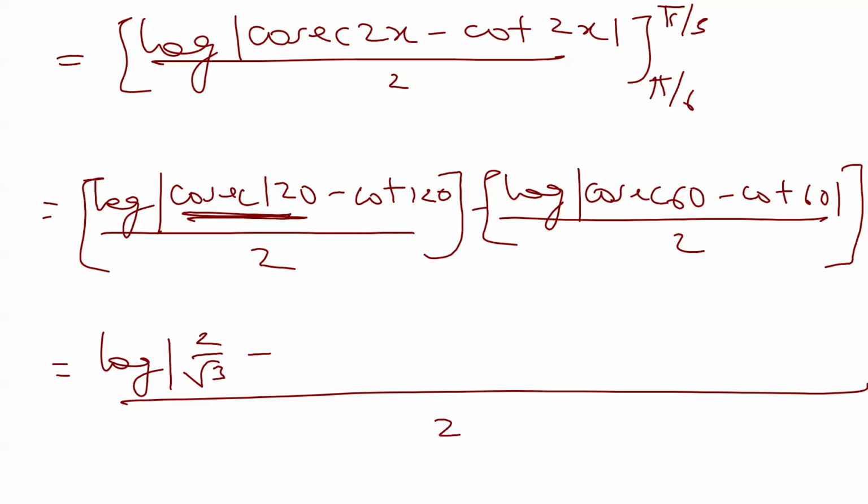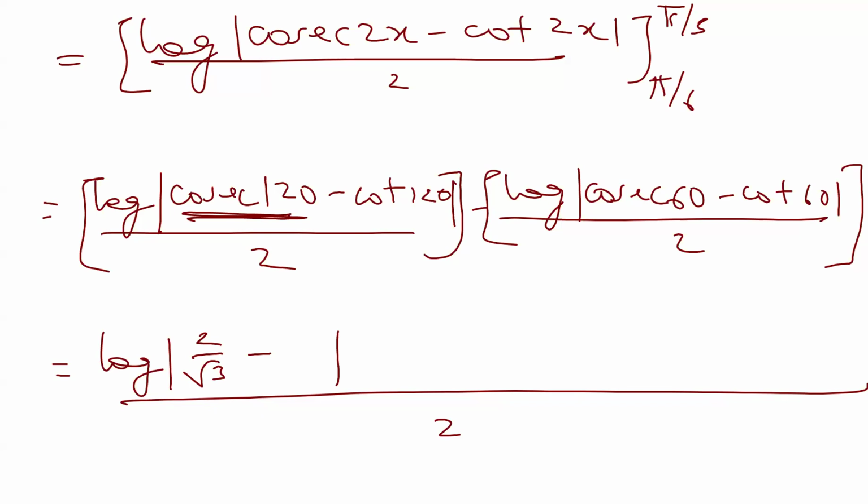Tan 120. What is tan 120? Tan 120 is minus root 3.